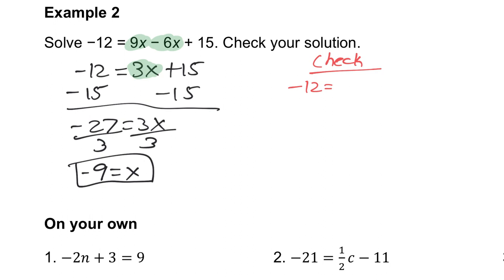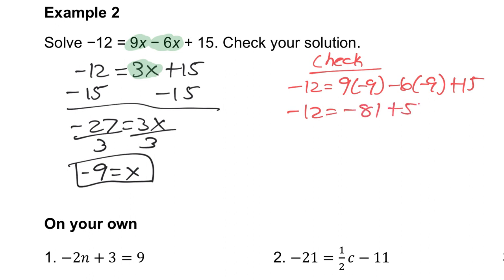My bad. Is it 9 times negative 9 minus 6 times negative 9 plus 15? So that's negative 12 equals negative 81 plus 54 plus 15. I get negative 12 equals negative 12. Again, I'd recommend that this whole part right here, you put in the calculator and just let it go right from all that to negative 12 to double check it.